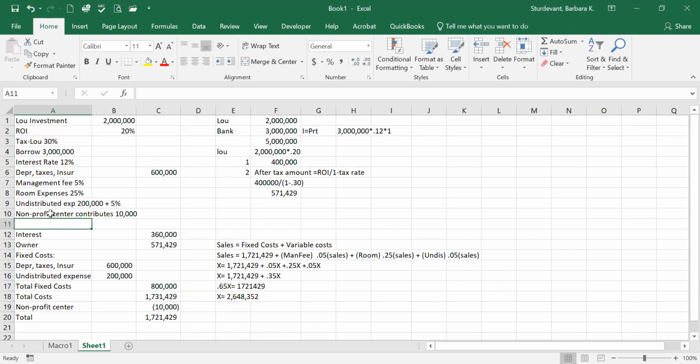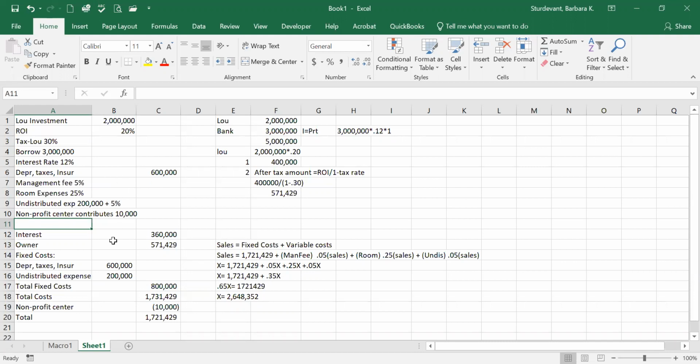Figure out the interest. Figure out the return on investment. And then the pre-tax. And then you're going to just have to look to see what you have. Anything that you have a dollar amount for would be a fixed cost.